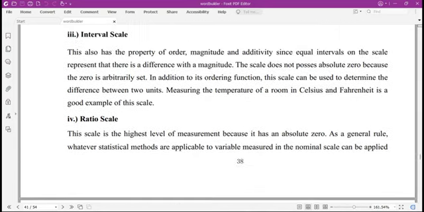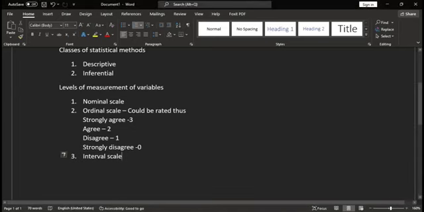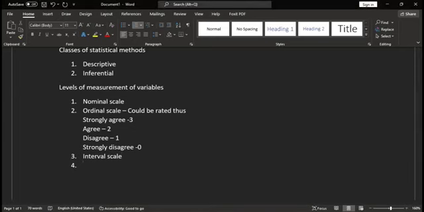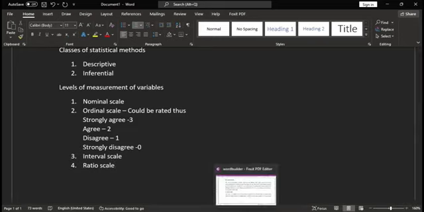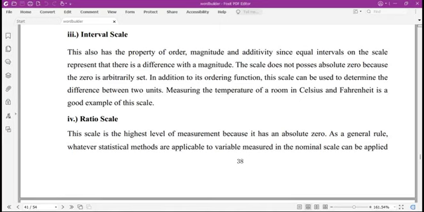Now the last one is the ratio scale. This scale is the highest level of measurement.